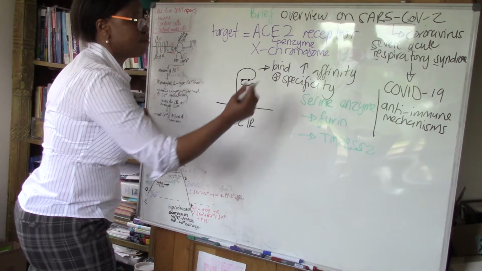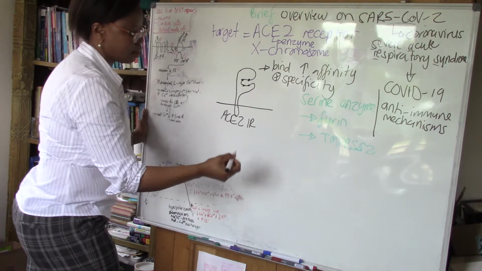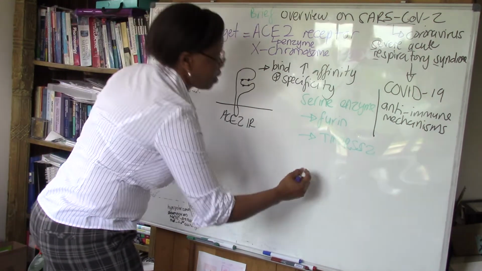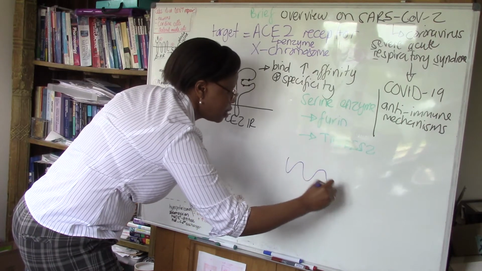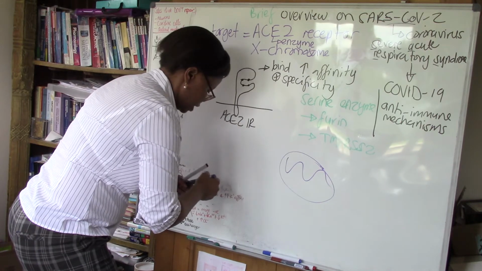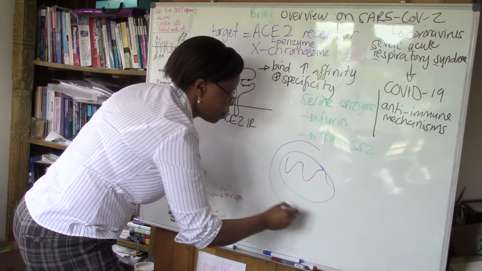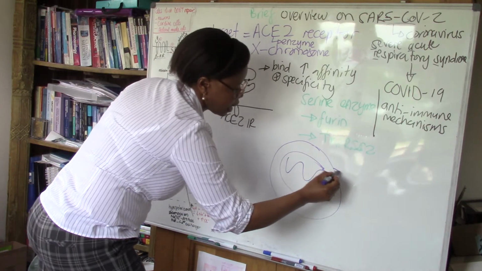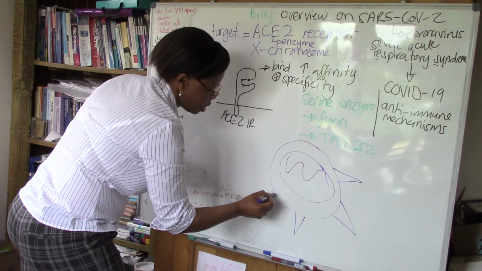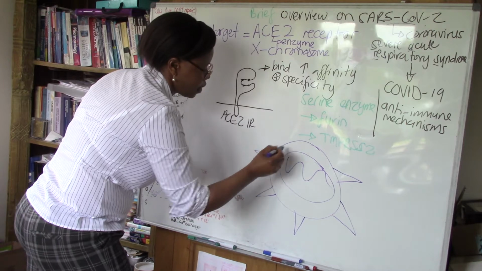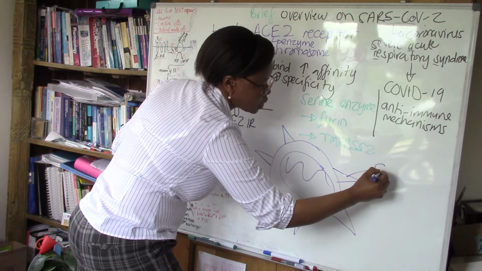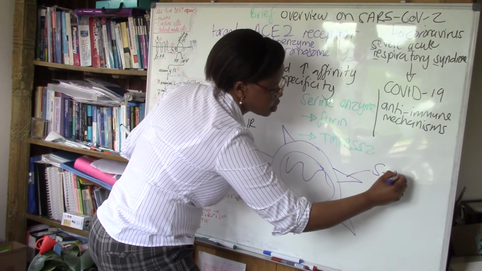So, for example, the virus itself is a coronavirus. It just has a single strand of RNA, it has a nucleocapsid, and it has an envelope and spikes on the outer side attached to the envelope or membrane. So these spikes are called S proteins.